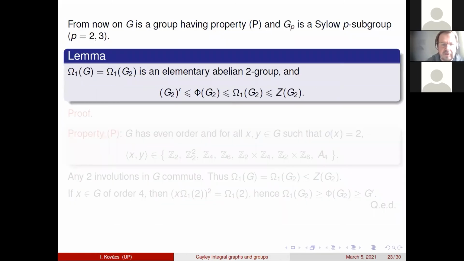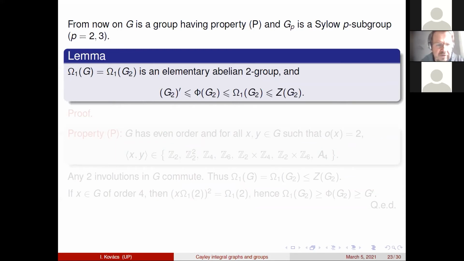We have some other information about the groups, which maybe does not come so quickly. From now on, let me denote by G a group having property P, and G_2 a Sylow 2-subgroup.